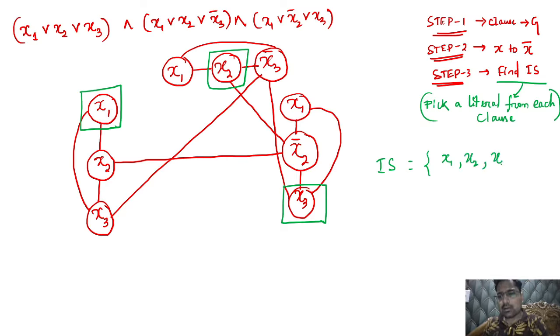You can take others too, but keep in mind, if I'm picking x2, I have to remove x2 bar there. I have two options, either x1 and x3. If I'm picking x1 here, I have to remove x1 bar and x2 bar. Only x3 is possible to pick. This is what we should always remember while picking the elements.